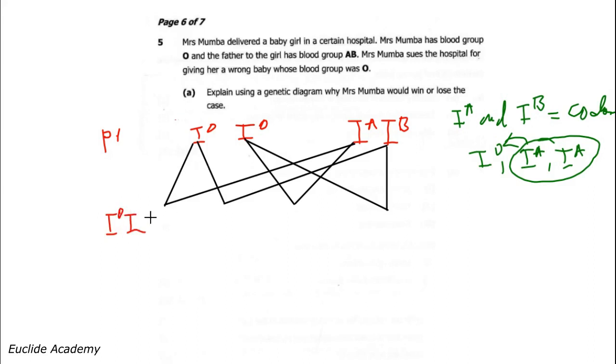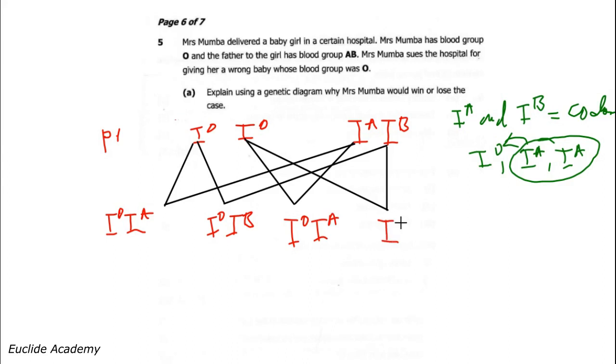So we can see the possibilities: she could have a child who has got an allele for O and another one for A, so the blood group here will be A, since A is dominant over O, and this other one will be O and B, so the blood group will be B. She's only contributing the O because that's what she has.